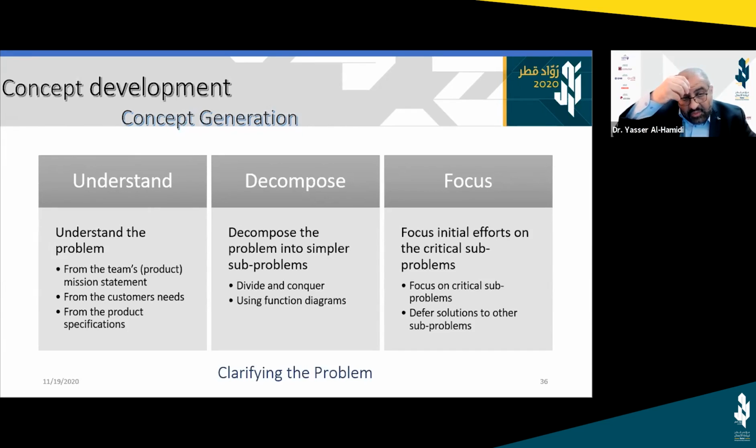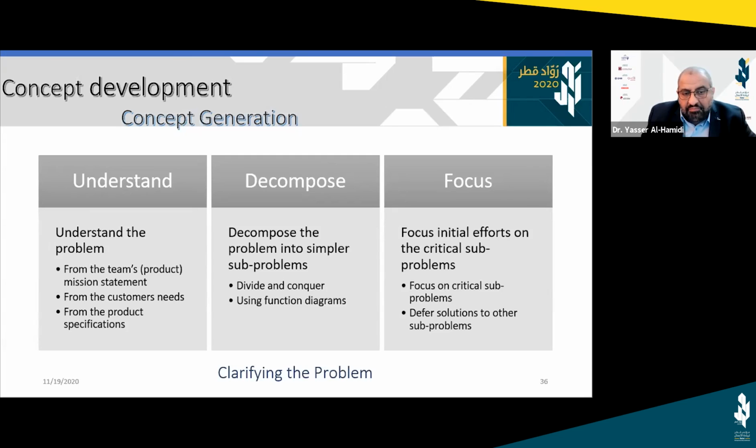If you have a complex product to solve, it's much easier to divide your problem into individual problems and deal with these sub-problems. The goal of all of these decomposition techniques is to divide into simpler problems.